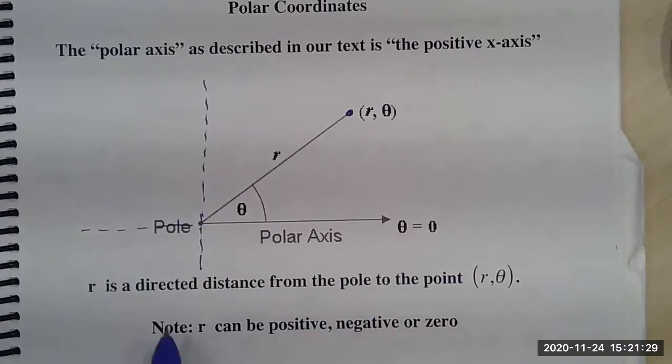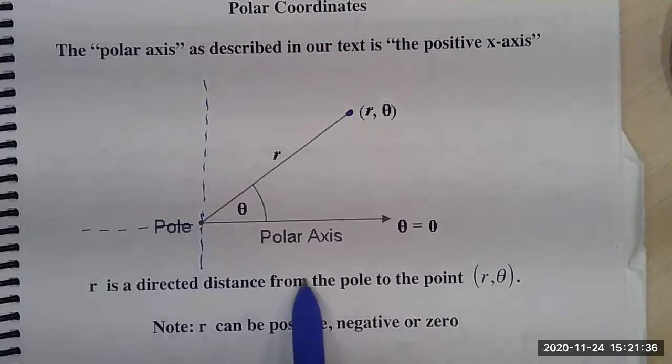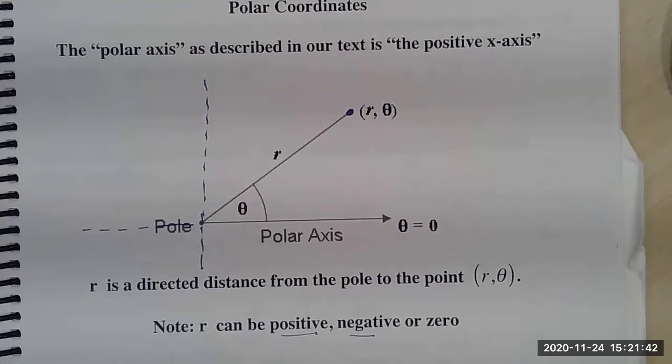R is a directed distance, or directed line segment, from the pole, the origin of the pole. And this is interesting: R can be negative or positive. Hold it, Jeff. You said radius. Radius is like hypotenuse. Yeah, I'm not talking about right triangles. There's no hypotenuse here.